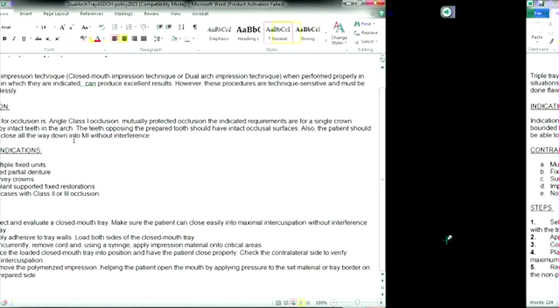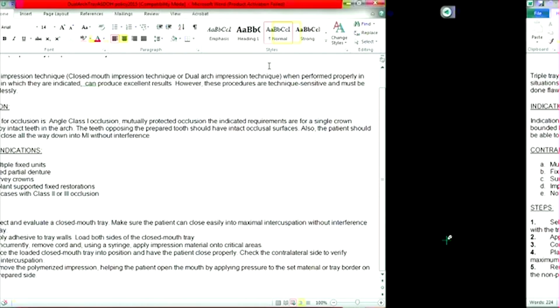Survey crowns, right? Everybody remember what a survey crown is? Crown that fits onto a partial denture. Implant-supported restoration, which you haven't learned about yet. And then no cases with class 2 or class 3 occlusion. Okay, so it's got to be a straightforward class 1, the occlusion's kind of normal, and you're doing a single crown.